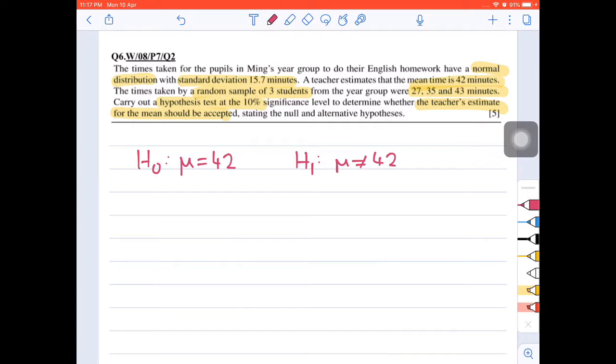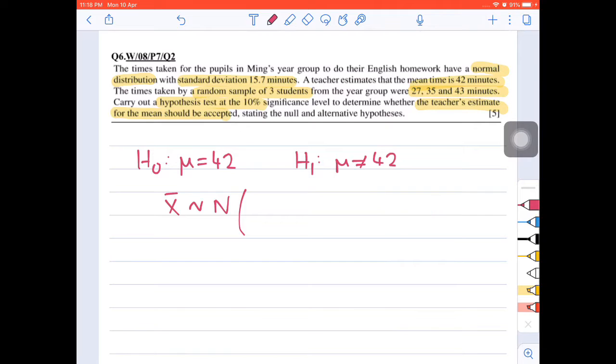Right, now over here the data follows a normal distribution, so the sample means will also follow a normal distribution. For this, what is the mean for the distribution of sample means? We need to find the mean using the data that we have. We have these three figures, so to find the mean we'll add them up.